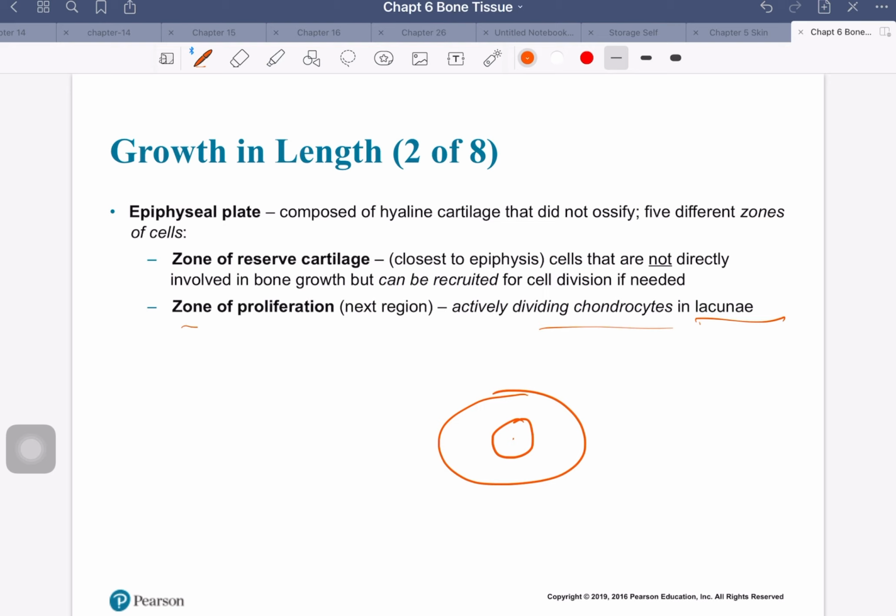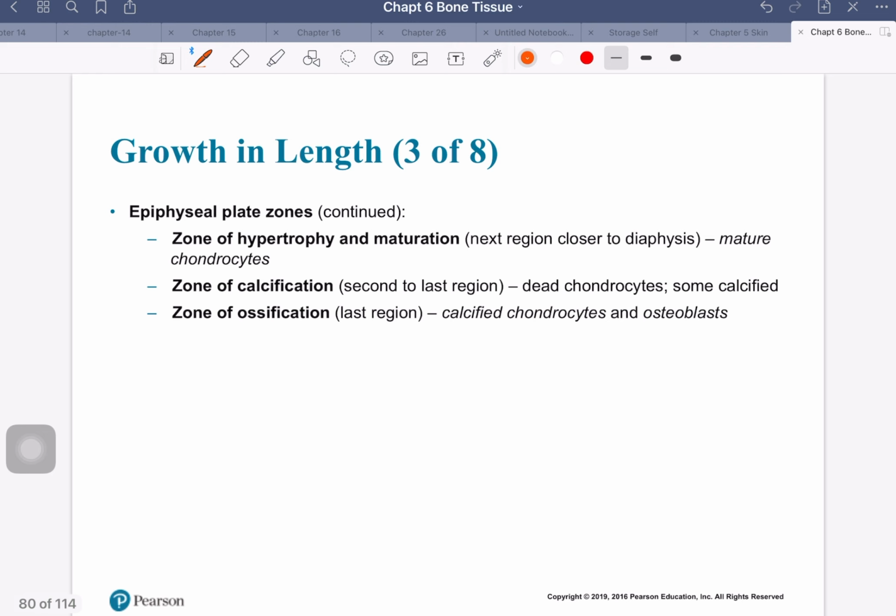So in this zone, we're going to have actively dividing chondrocytes in their lacunae. Now, above that, so we're now up to the third zone up, we have the zone of hypertrophy and maturation.